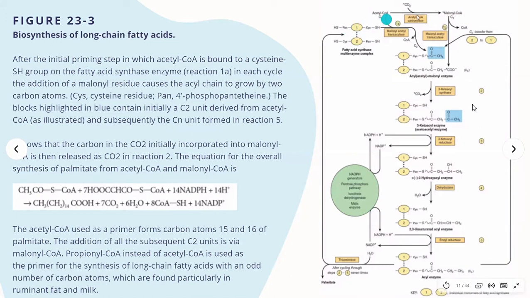Then another cycle now has to go on. Malonyl-CoA, then acetyl-CoA, and then they're together minus 1 carbon dioxide. You have 4 carbons now. Then the same thing happens until the desired number of palmitate now is formed. So that's how it is.